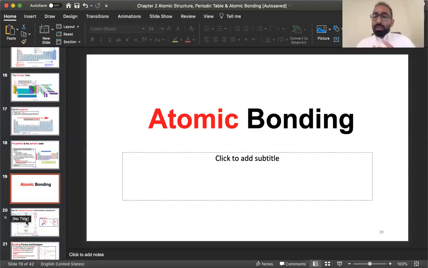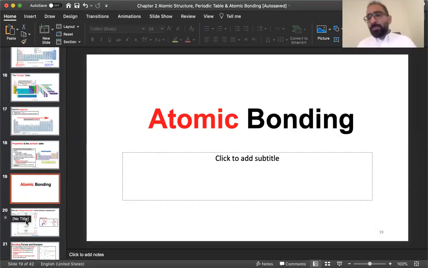We have the ionic, the covalent, and the metallic. The motivation is to minimize the energy of the two atoms. So the two atoms will have covalent if that will reduce their energy. The two atoms will have ionic if that's going to reduce their energy. The two atoms will have metallic if that's going to reduce their energy.